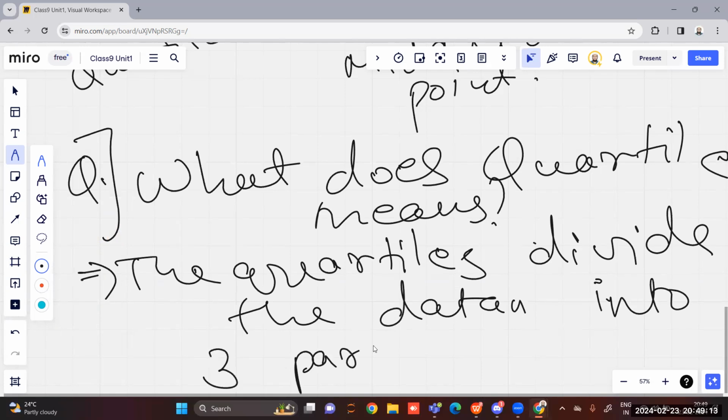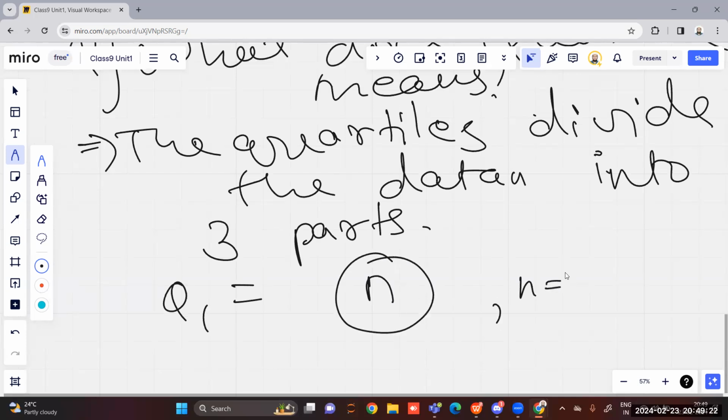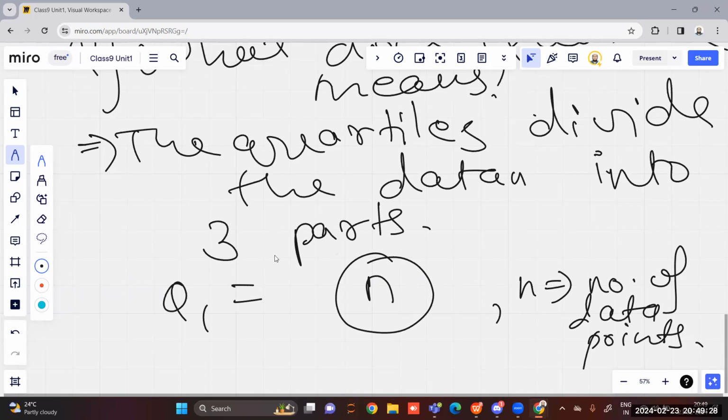For Q1, if there are n number of data points, N represents the number of data points, then if we take 1/4 of the n, means the 1/4th data point, dp.